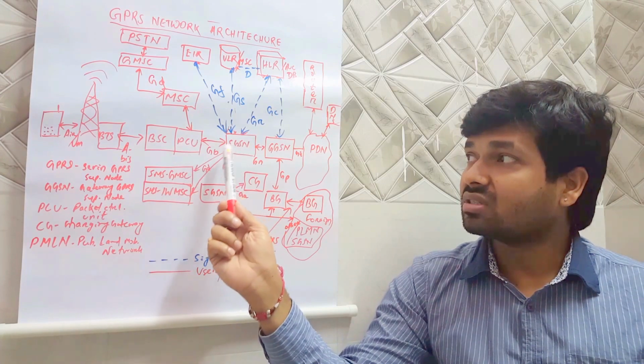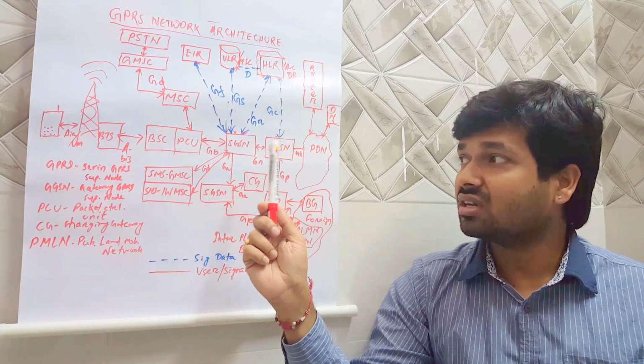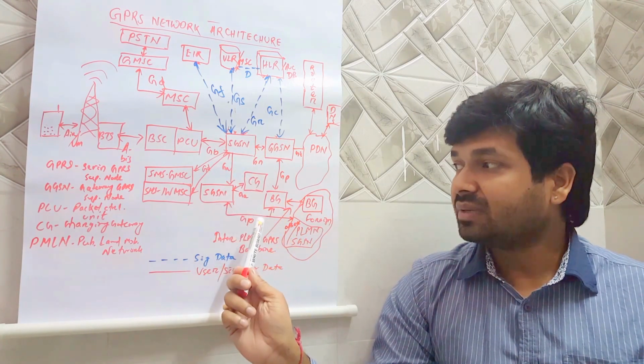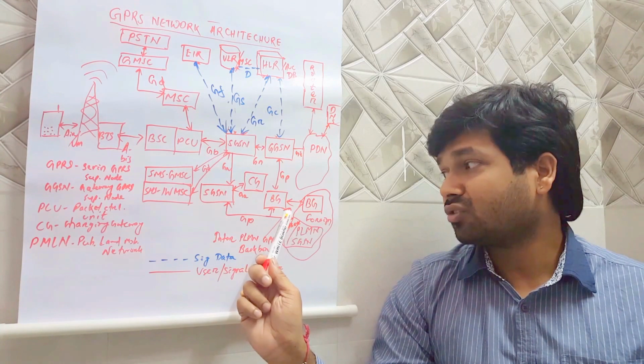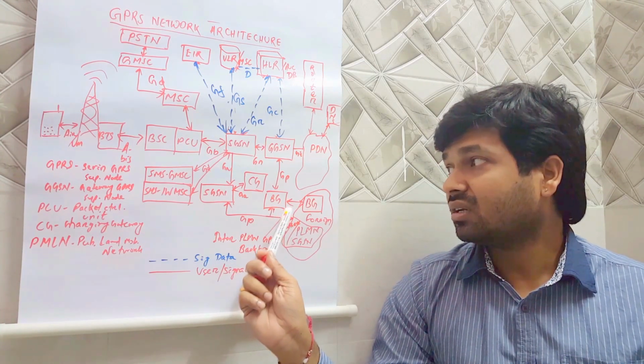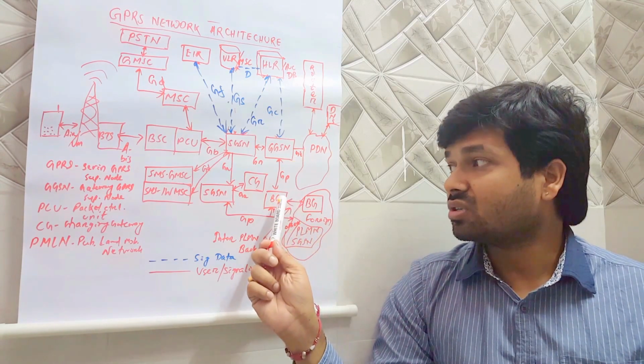From BSC to SGSN, Gb. From SGSN to GGSN, the Gn interface, plus the same Gn interface towards other SGSN. Gp interface to other PLMN or foreign PLMN, or you can say SGSN of other PLMN, or you are having the Gp interface from GGSN towards the BG.